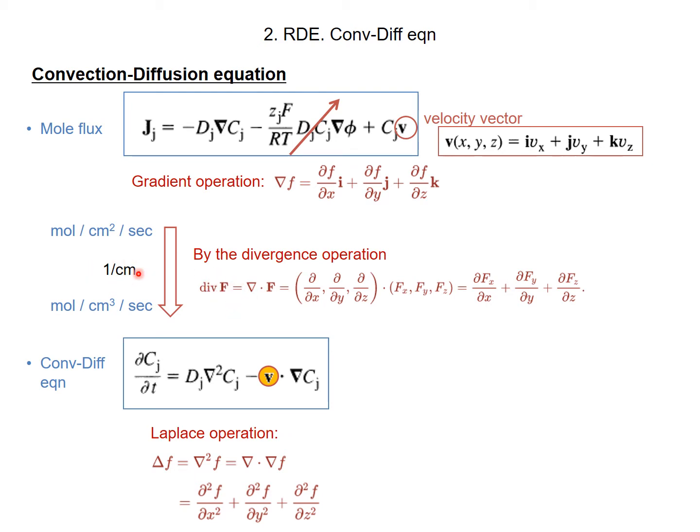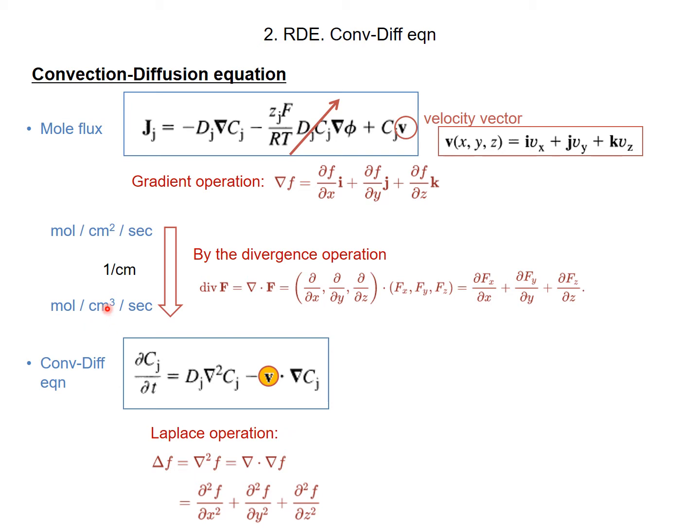So after applying the divergence operation to the mole flux equation, the unit is going to be mole, the same thing, and the square centimeter is going to become cubic centimeter after taking the 1 over centimeter per second. So mole per cubic centimeter is concentration.